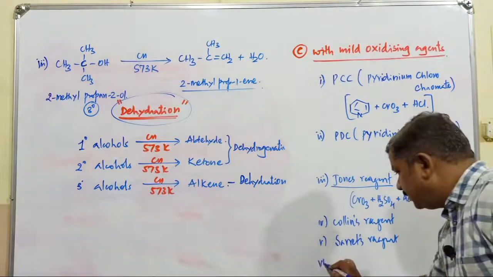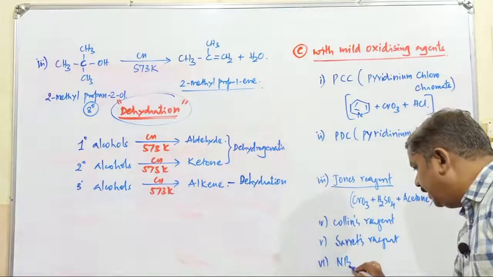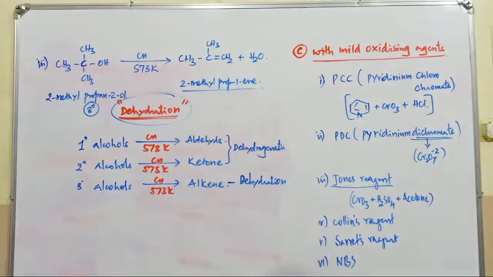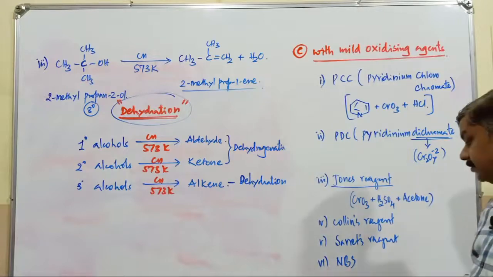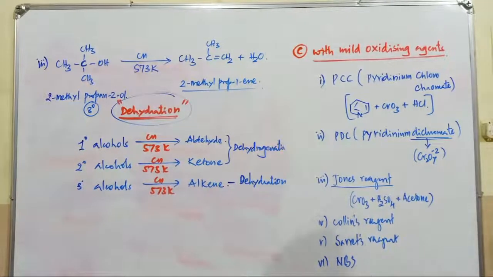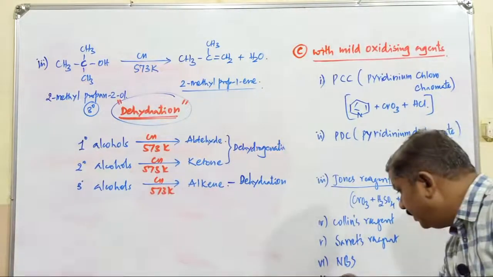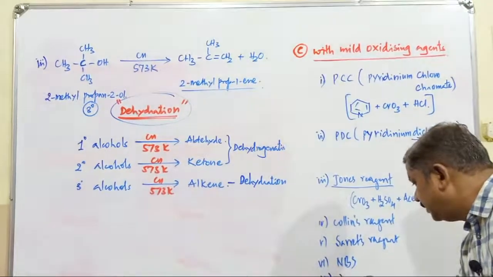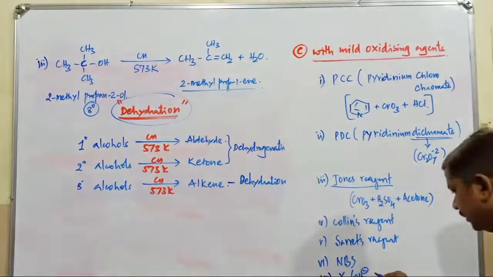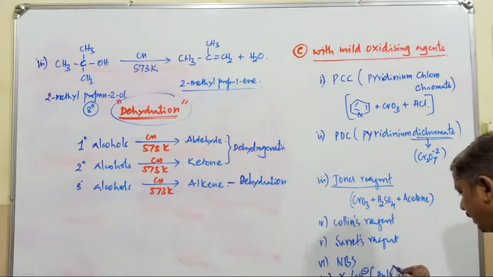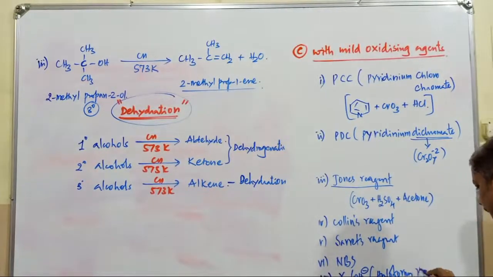Next, number 6, it is NBS. What is NBS? N-bromosuccinimide. We have used it in case of allylic substitution reaction. Next one, number 7, it is X2 in presence of an alkali. This is commonly known as haloform reaction.